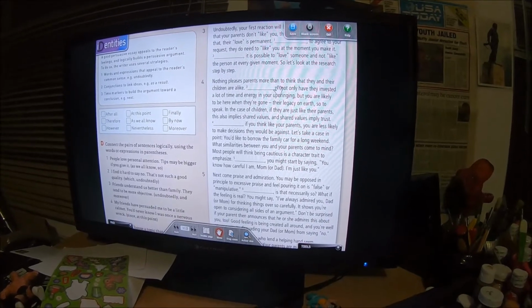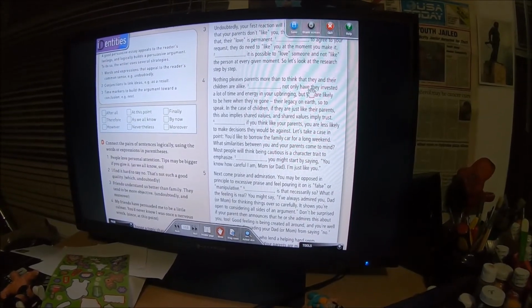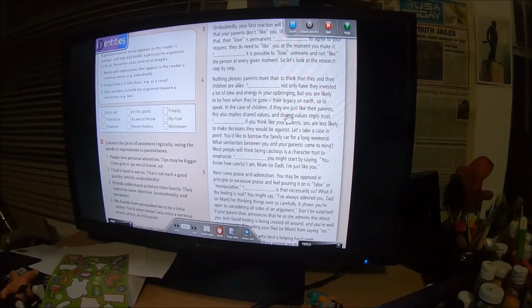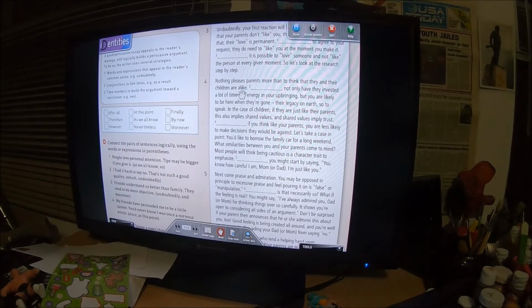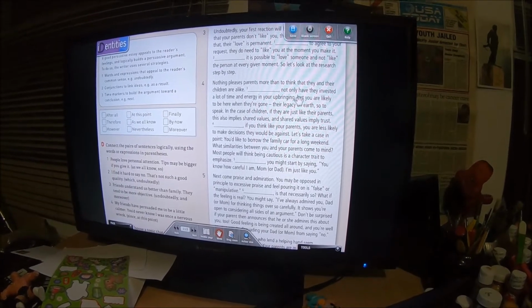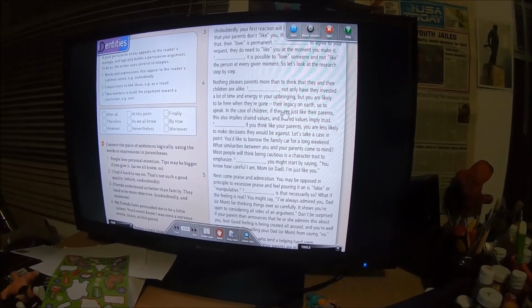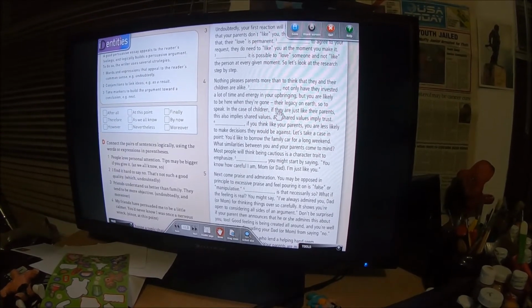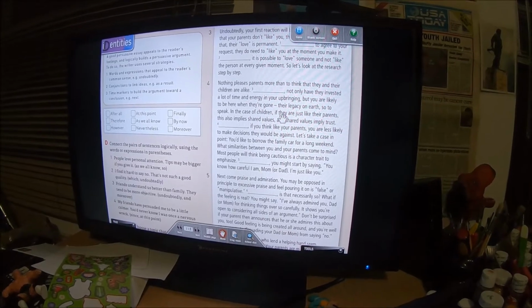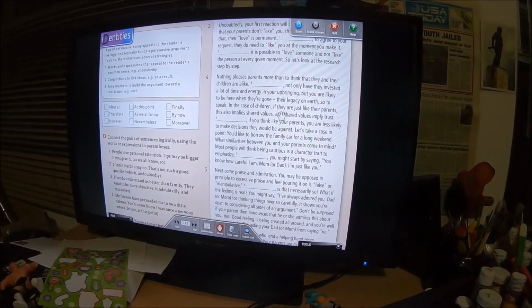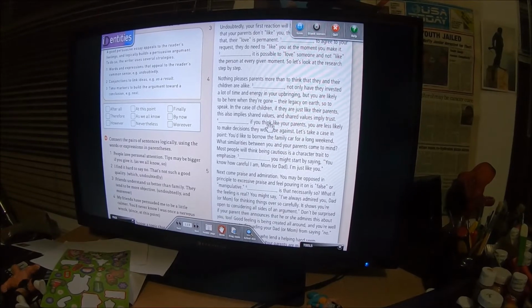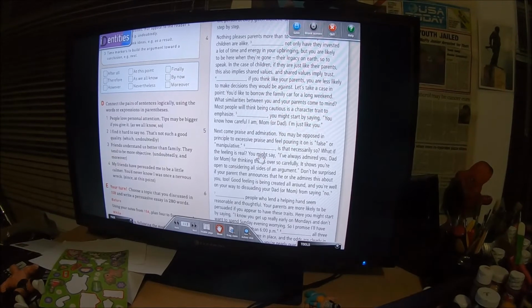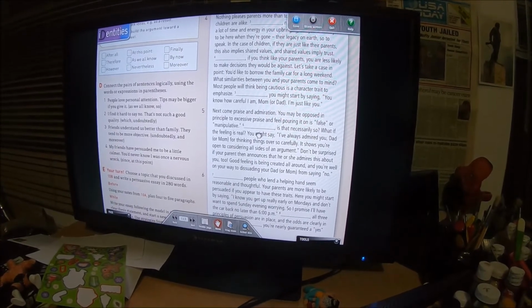Nothing pleases parents more than to think that they and their children are alike. That would be the topic sentence for this paragraph. If you continue to read it, it's going to have this particular theme about pleasing your parents, thinking that the children are similar to them. Each of these would have a subtopic dealing with the topic sentence that we saw.